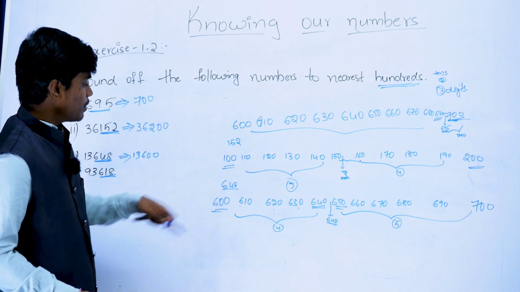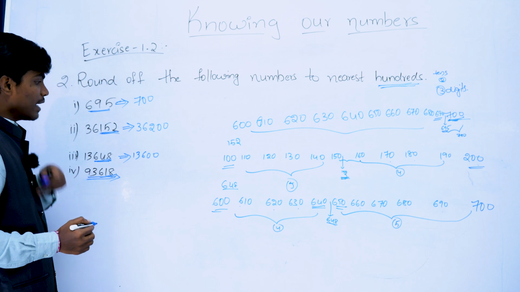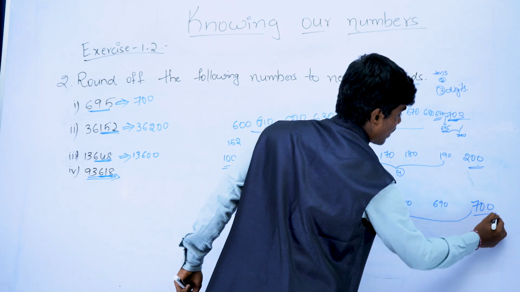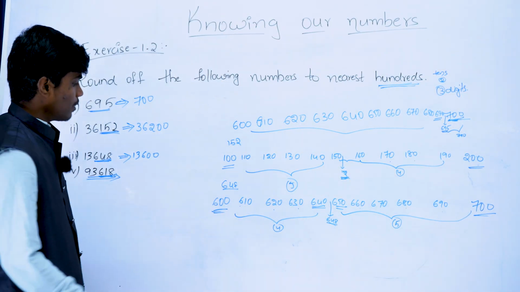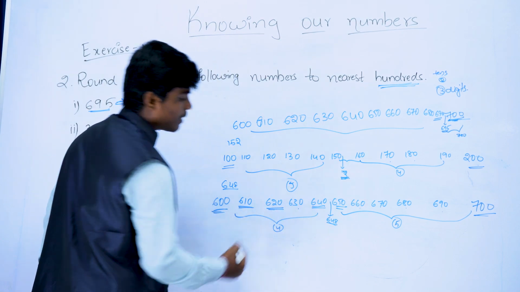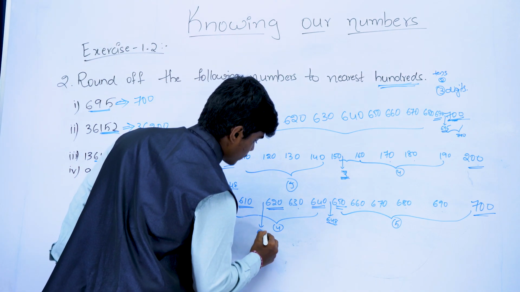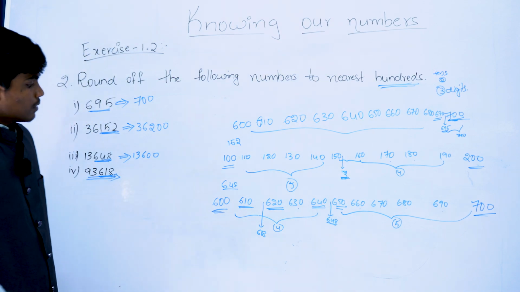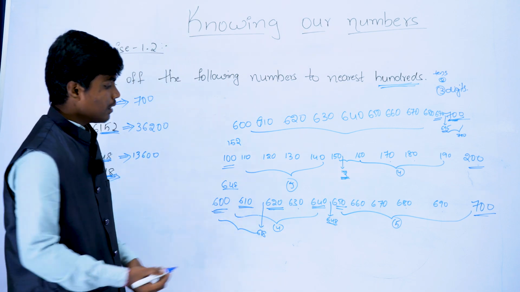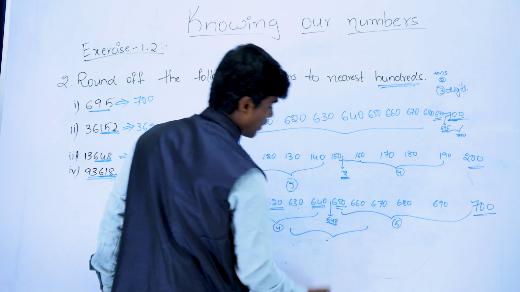By observing this, now you try to solve the fourth problem, 93,618. 618 also lies between 600 and 700, between 610 and 620. 600 is nearer to 618, but from 618, 700 is far away.